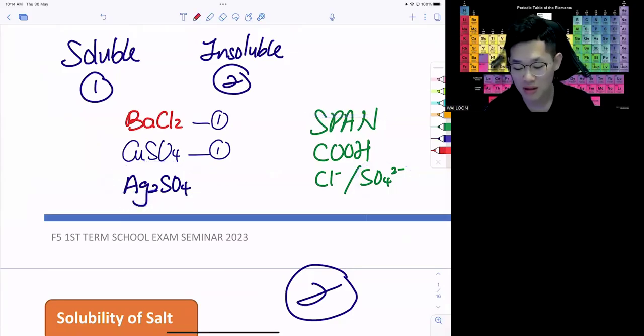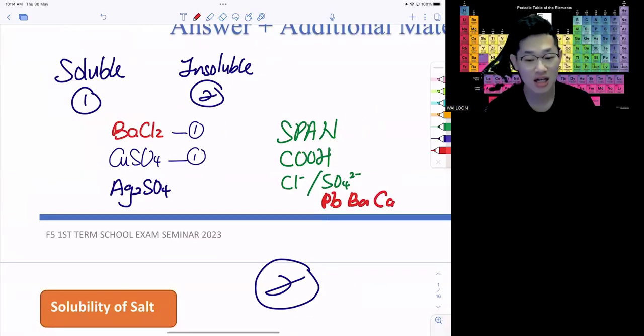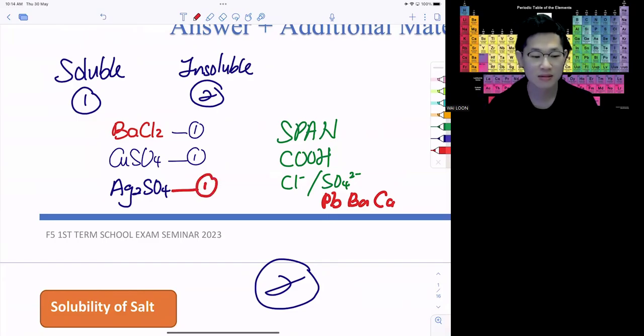Is it pairing with PBBACA? No. Soluble. Only when the sulfate is paired with PBBACA, they are insoluble. If it is not with these three, they are soluble. Just like that.